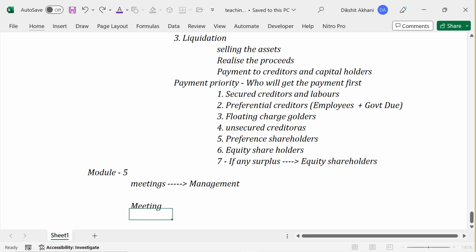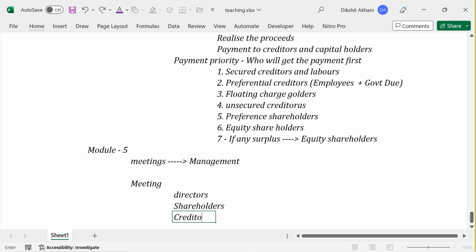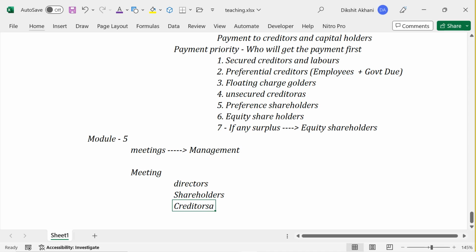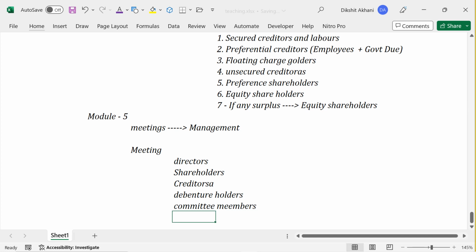There's a meeting of directors, meeting of shareholders, meeting of creditors, meeting of debenture holders, meeting of committee members, and so on.